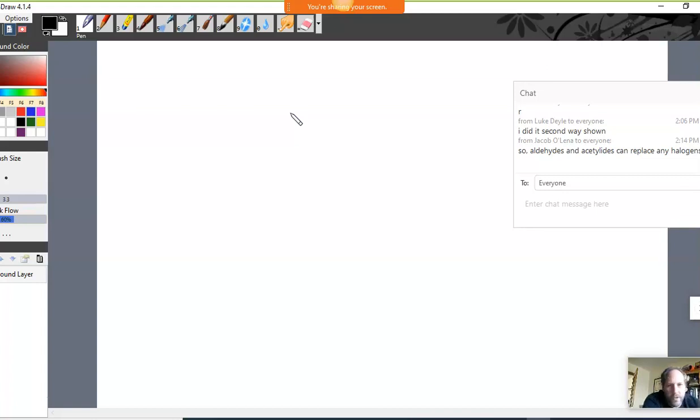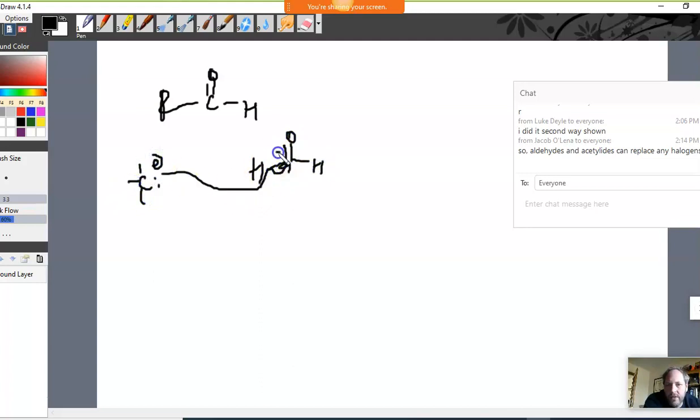So just to make sure, an aldehyde is this. That's what an aldehyde is, right? So I meant formaldehyde. My bad. Oh, formaldehyde. So formaldehyde is just a Grignard. If you just take a Grignard, right, it adds here just like it does.